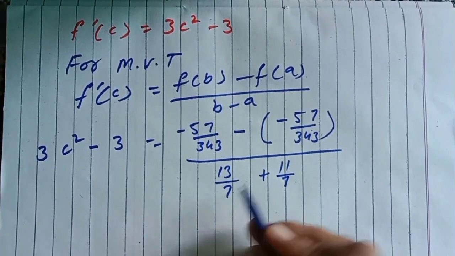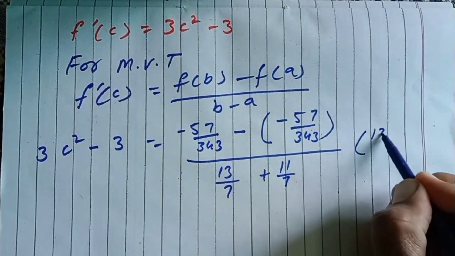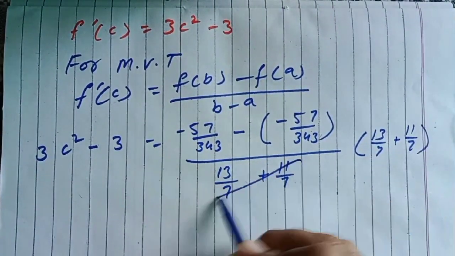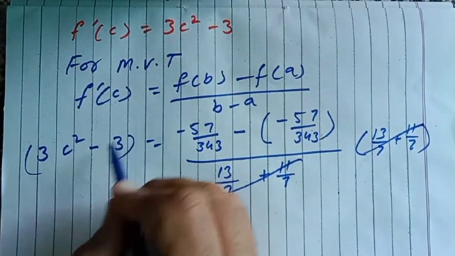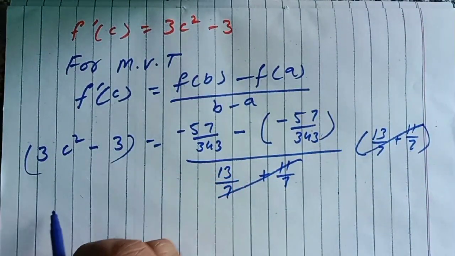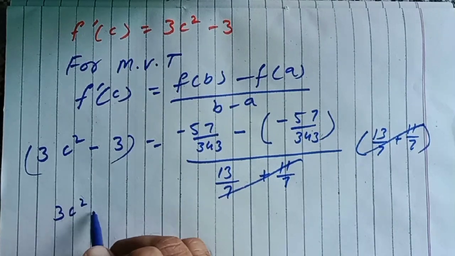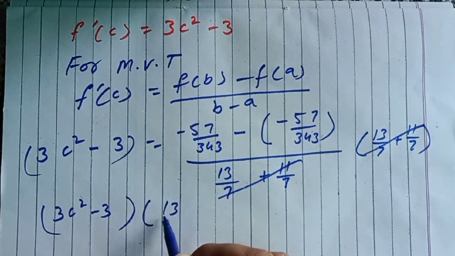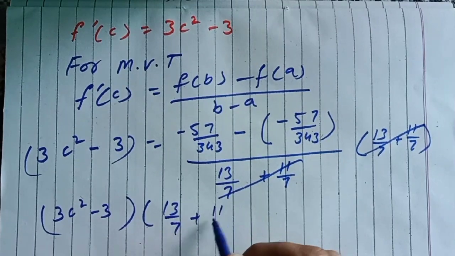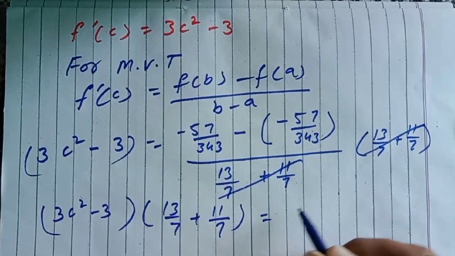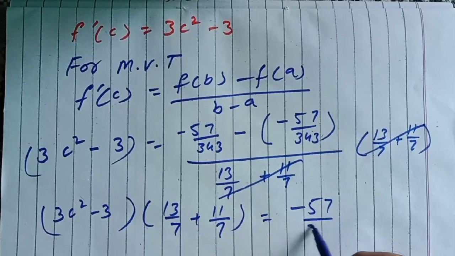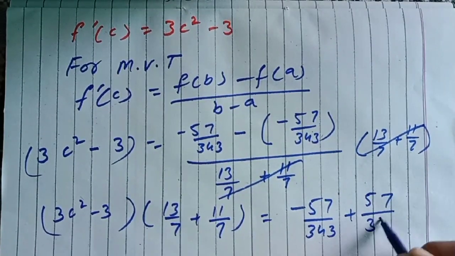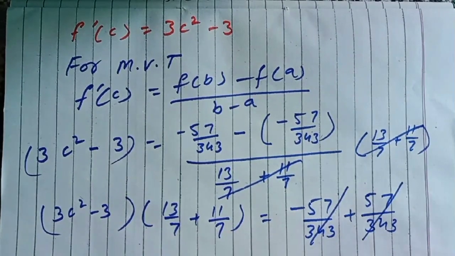Now multiply both sides by (13/7 + 11/7). So 3c^2 - 3 times (13/7 + 11/7) is equal to -57/343 plus 57/343, and these cancel with each other.